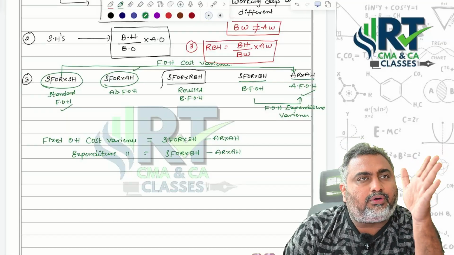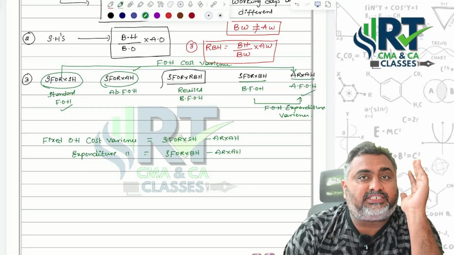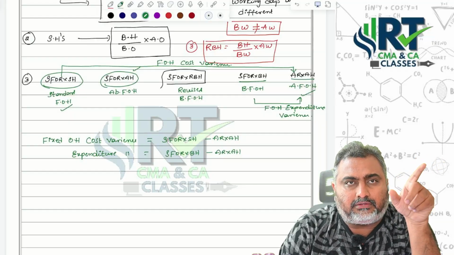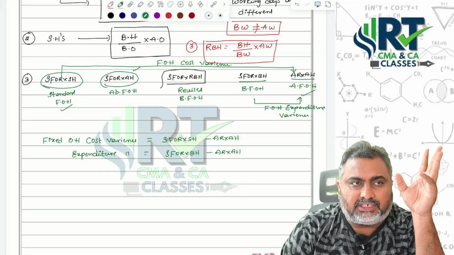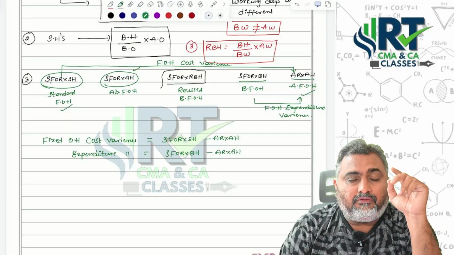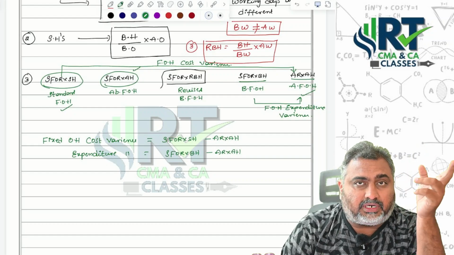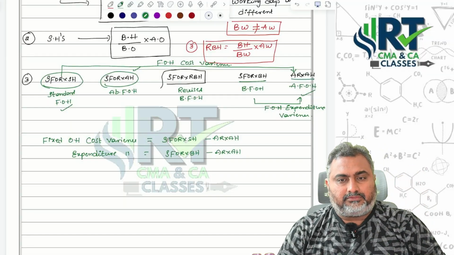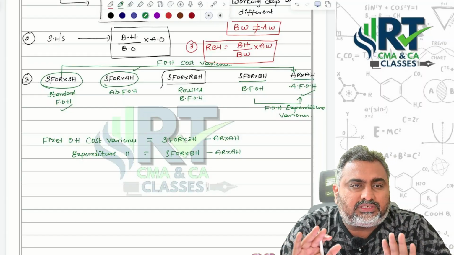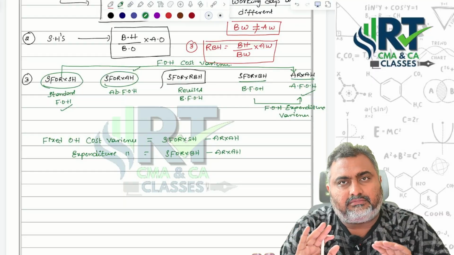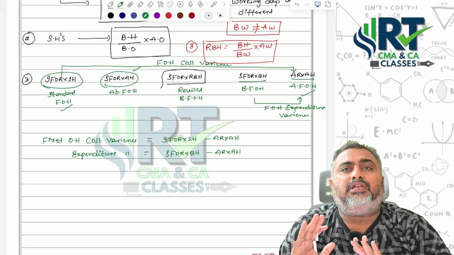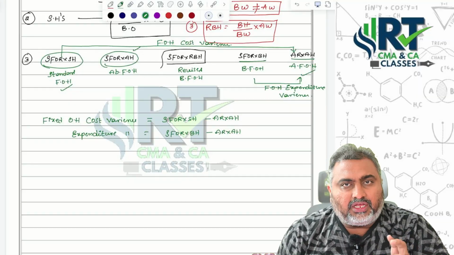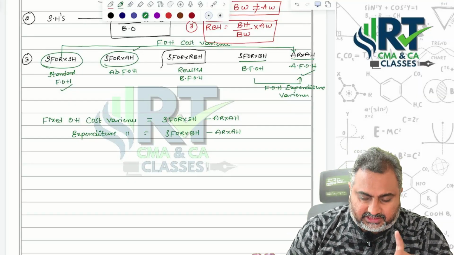That's the reason we don't go with predeterminations; we go with budget-based calculations. That's why budgeted fixed overheads are given in the question. So don't get confused: how much overheads I wanted to incur is what I estimated, but how much I actually incurred is actual. The difference between budgeted and actual fixed overheads is called expenditure variance.